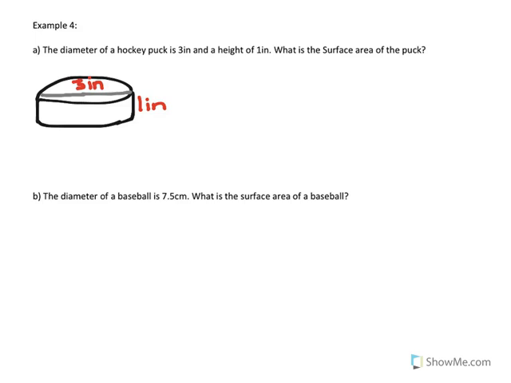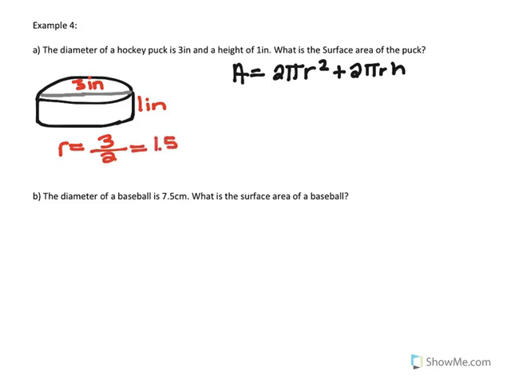So we know a formula for a cylinder is 2 pi r squared plus 2 pi r h. For this, we don't know our radius, but we do know our diameter, so it would be 3 divided by 2, which is 1.5, and our height is 1.